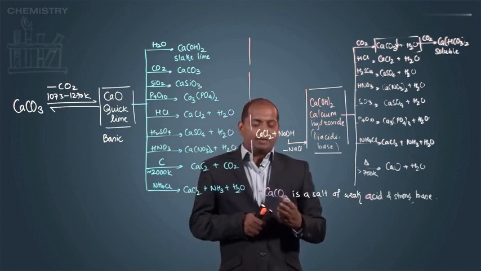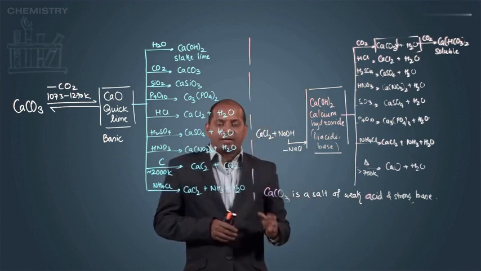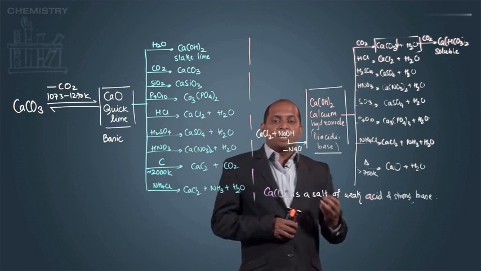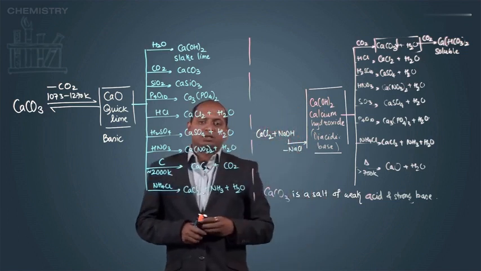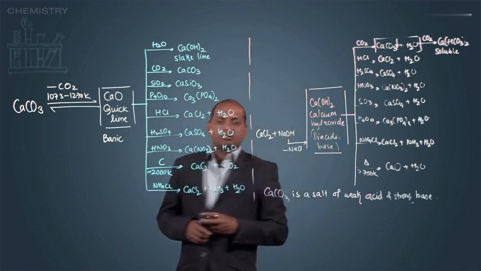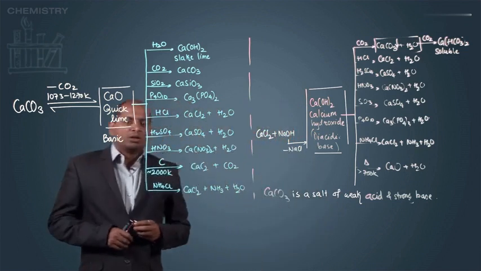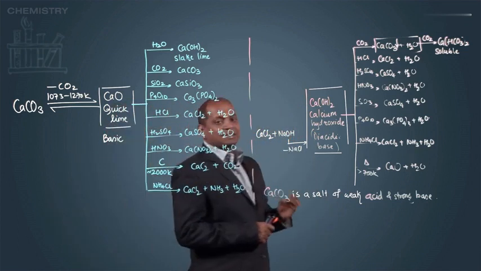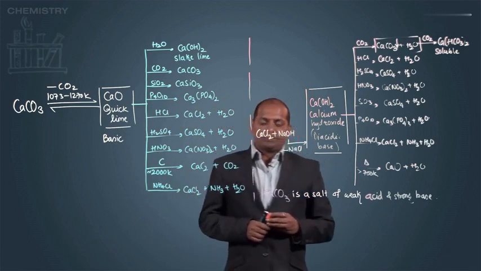Similar properties when it reacts with carbon dioxide, when it reacts with HCl, it gives effervescence, and that effervescence is of carbon dioxide. So calcium carbonate solution is many times used for testing the acidity of the solution also.